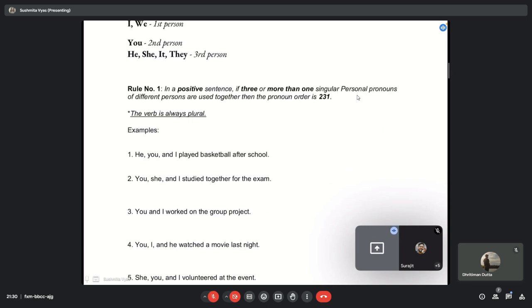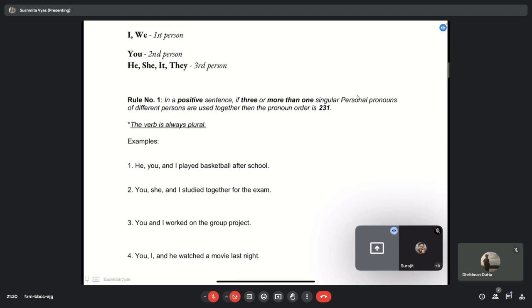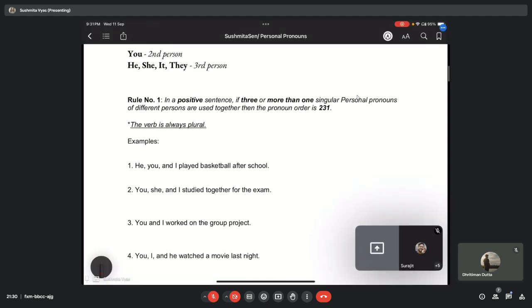So rule number one, just look at this. This is very important. There is a section called sentence improvement or phrase replacement in your exams.